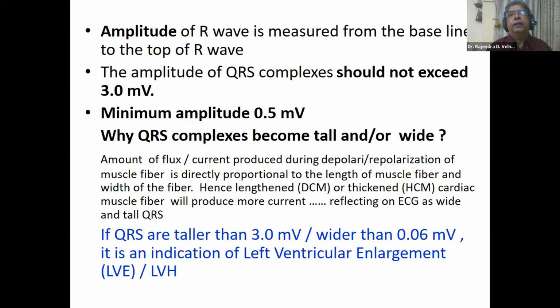That is why in dilated cardiomyopathy and in hypertrophic cardiomyopathy, you get tall and wide QRS complexes. So QRS complexes taller than 3 millivolt and wider than 2.5 blocks or 0.05 seconds are an indication of left ventricular enlargement.